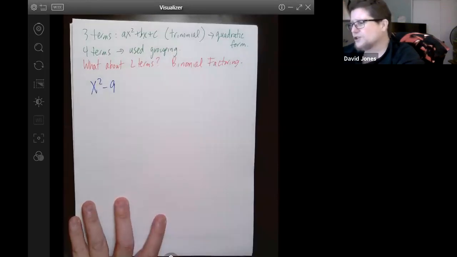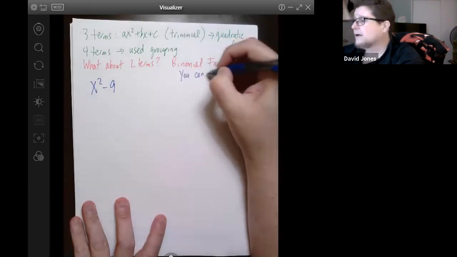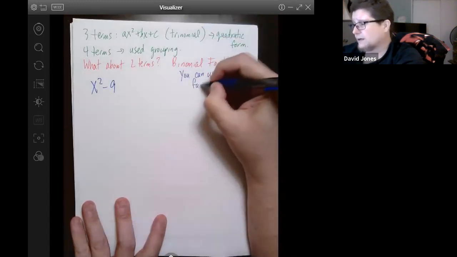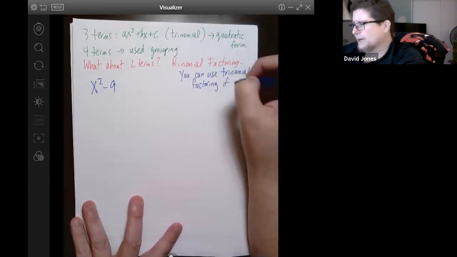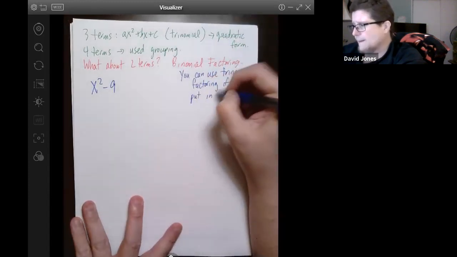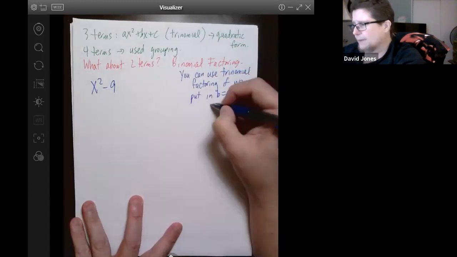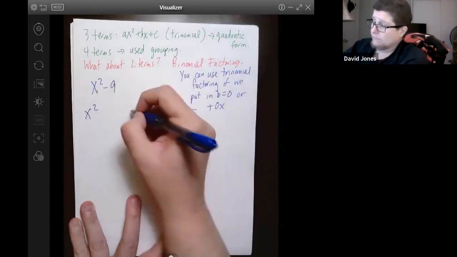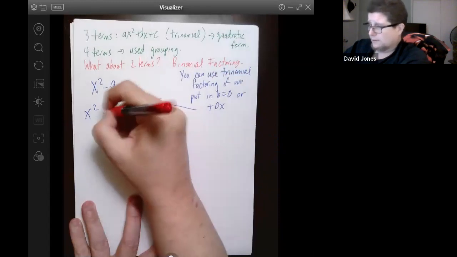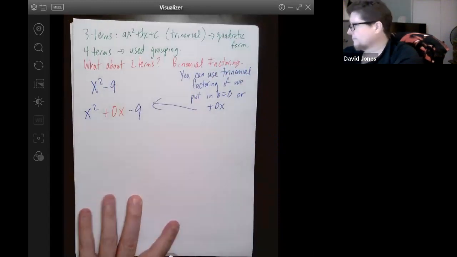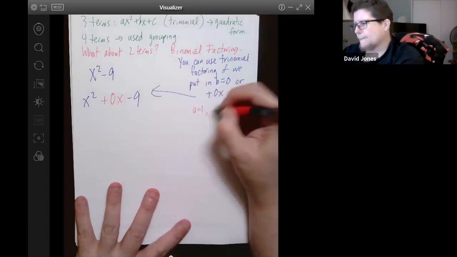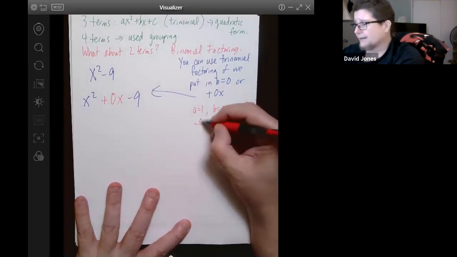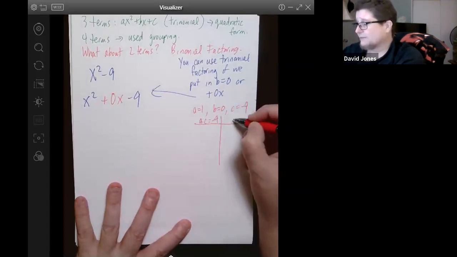If you have something like this, you can use the trinomial factoring if we put in b equals 0, or x squared plus 0x minus 9. So now I've got a equals 1, b equals 0, c equals -9. They need to multiply to -9 and add to 0.